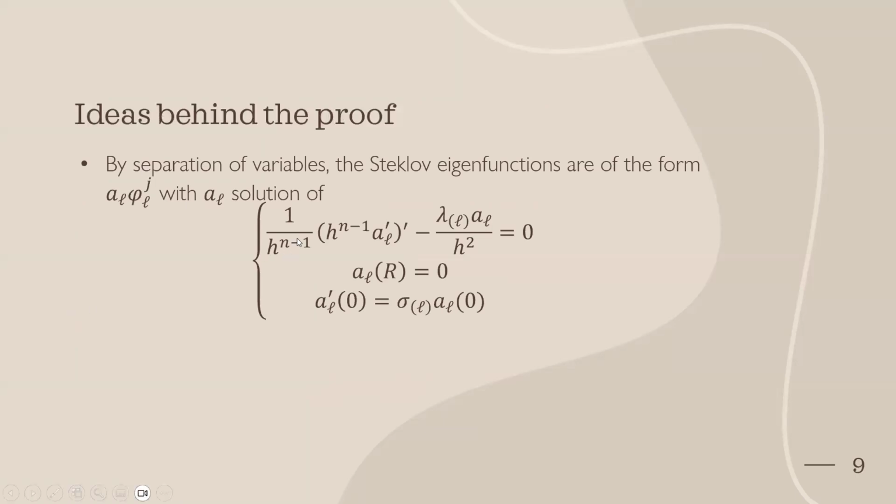So we cannot order them. It's quite difficult to say what is sigma k plus 1 over sigma k.